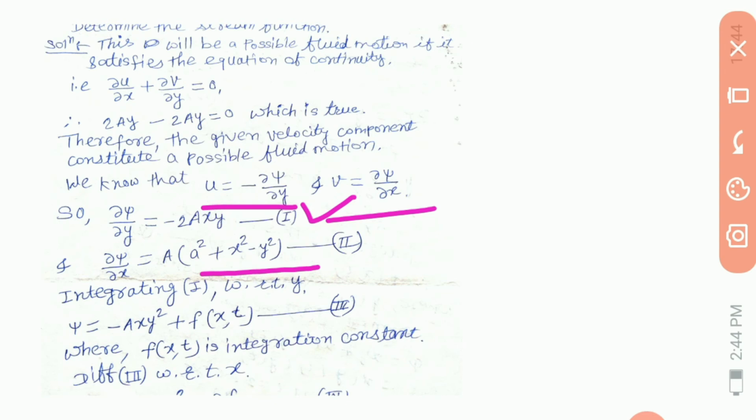We get psi is equal to minus axy square, divided by 2, plus f of x, t. The integration of this gives psi is equal to minus axy square plus integration constant f of x, t, where f of x, t is the integration constant. Now differentiate equation third.